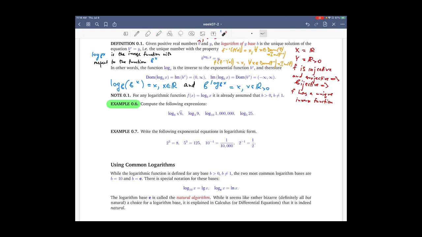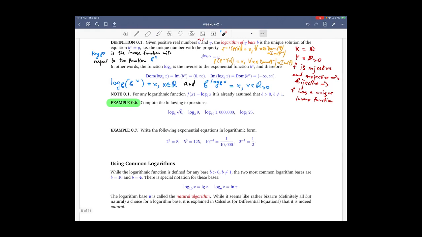Compute, for instance, log of square root 6 base 6. So the question being asked here is, to what power does 6 need to be raised? What power do we need to raise 6 to get square root of 6?